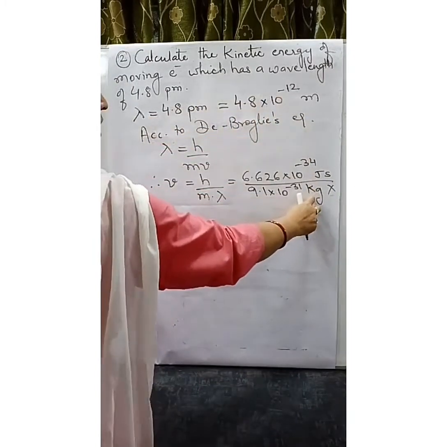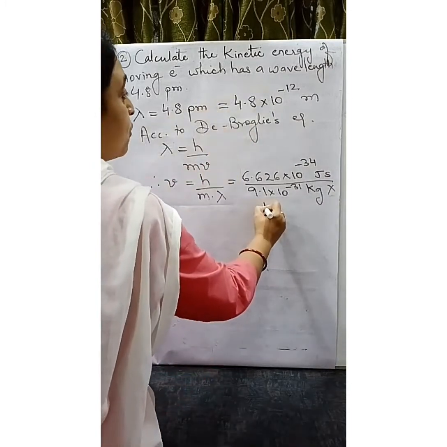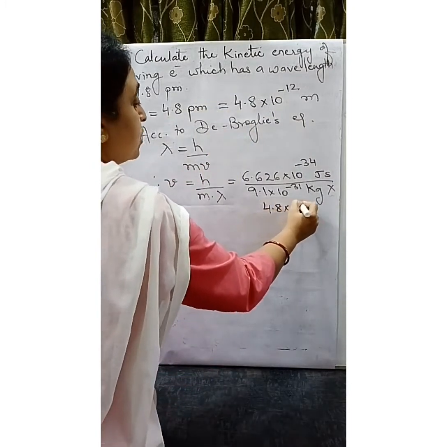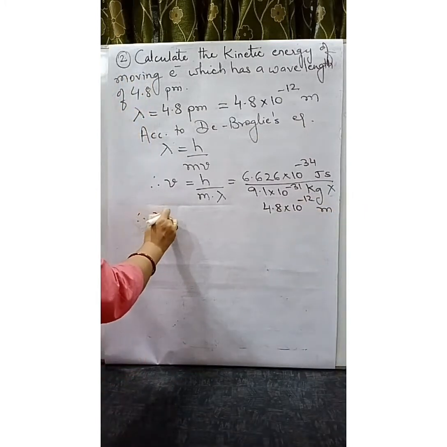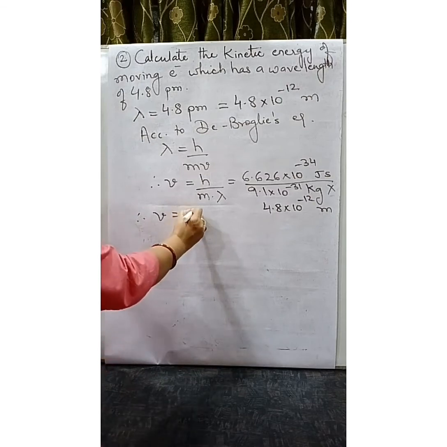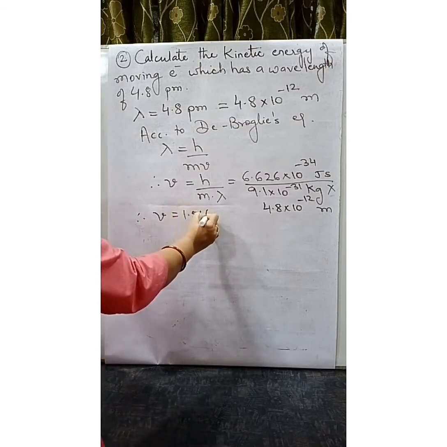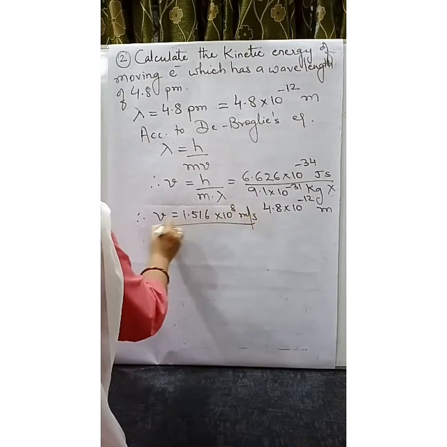That is why these are in kg and joule second, so we converted lambda into meters: 4.8 into 10 to the power minus 12 meters. When you solve this, you are going to get your velocity as 1.516 into 10 to the power 8 meter per second.